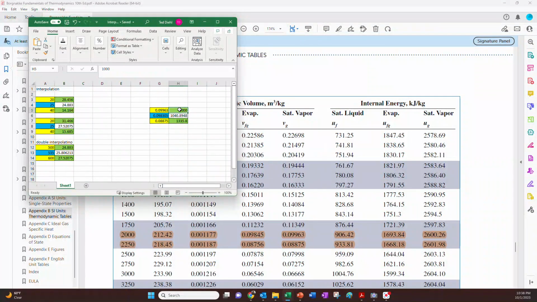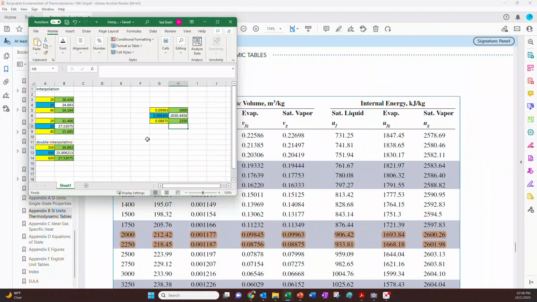2000 and 2250, boom. So we find a pressure of 2030, and I'll write that down somewhere. So P2 is 2030 kilopascals.